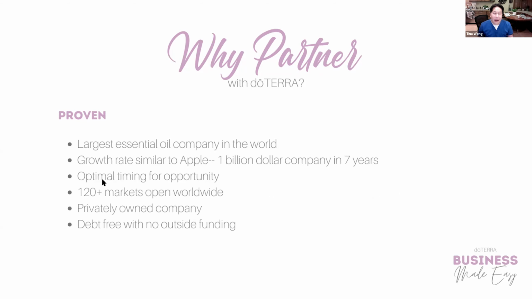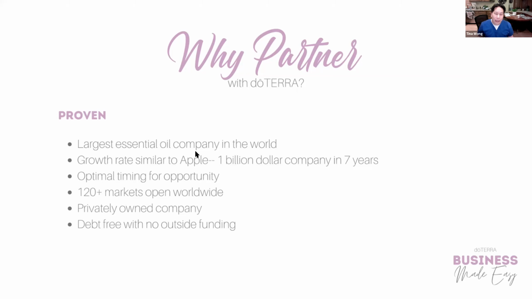They have optimal timing for this opportunity. Many times, even though doTERRA has been around for over 10, 11, 12 years, people say you're not going to make money unless you're in the first year or two of the company, or unless you're in the growth phase of the company. But this is optimal timing, especially in North America, because there are new founders club positions, founder bonus positions in doTERRA right now.